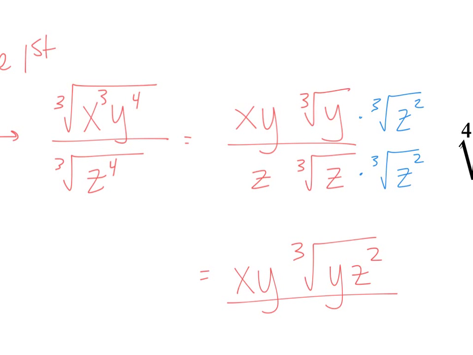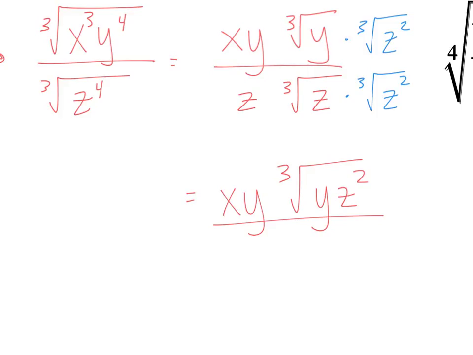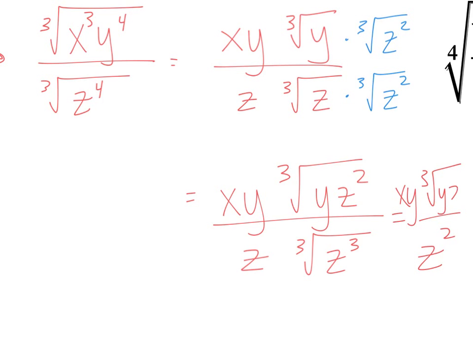So if I want to show all my work, since I'm explaining this here, I have the z that's in front, that's this one, and then I have the cube root of 3 different z's, which simplifies to another z. So I have this z times this one, so it ends up being z squared in the denominator. And the numerator stays the same. Xy cube root of yz squared.